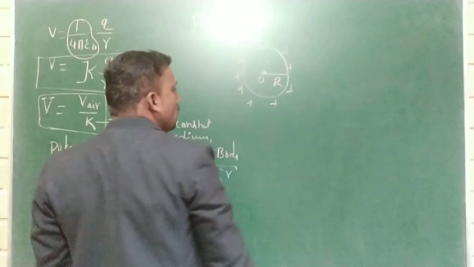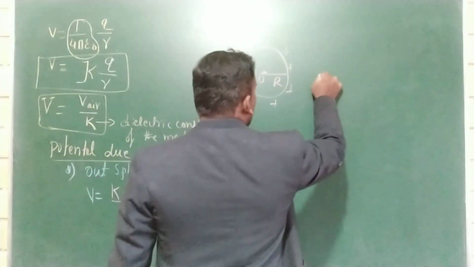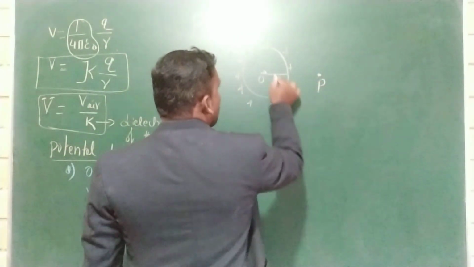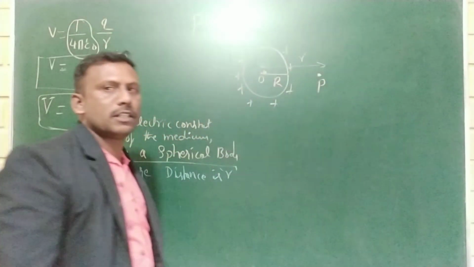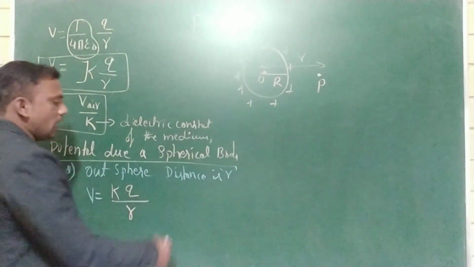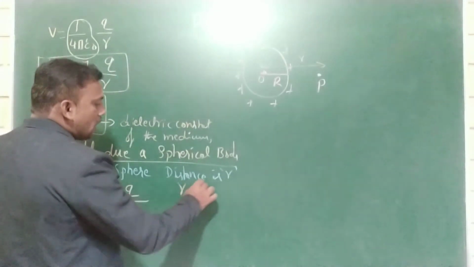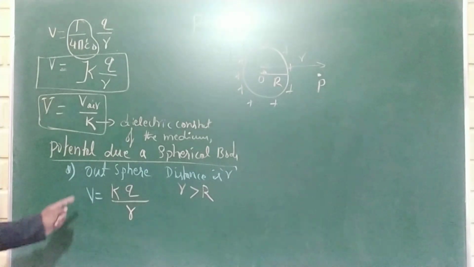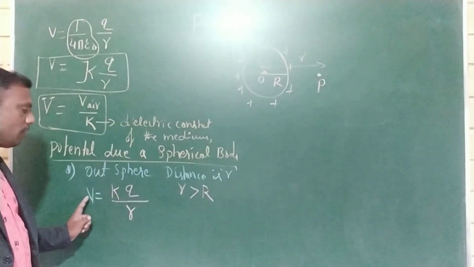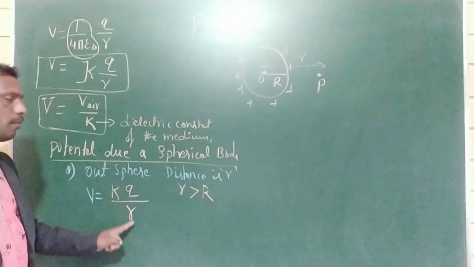This is point O. We consider point P outside the sphere, at a distance small r, so small r is greater than capital R. Therefore, the electrostatic potential V is equal to KQ divided by r.